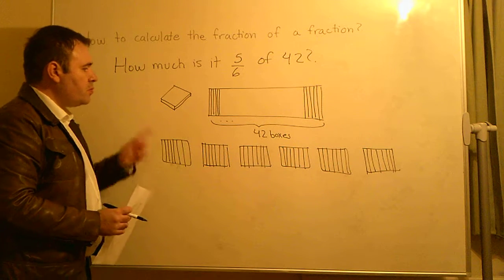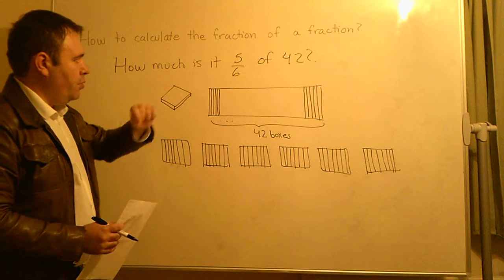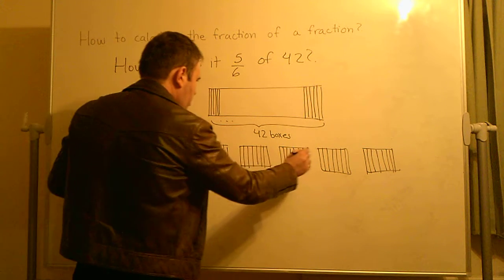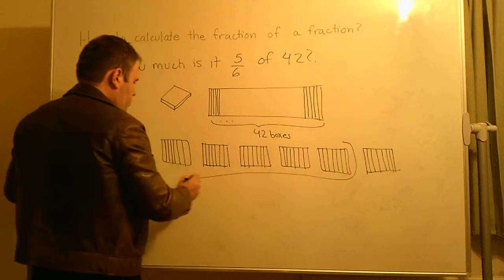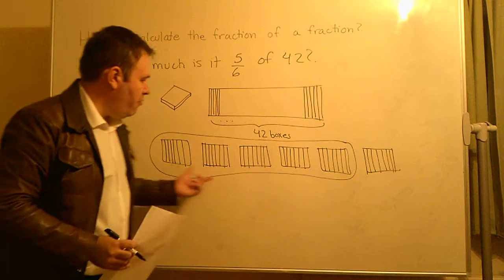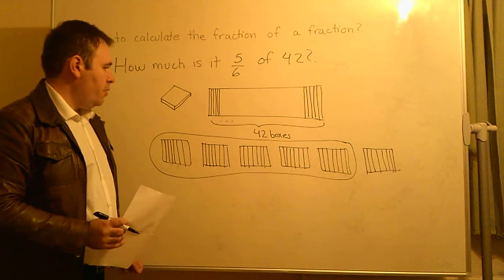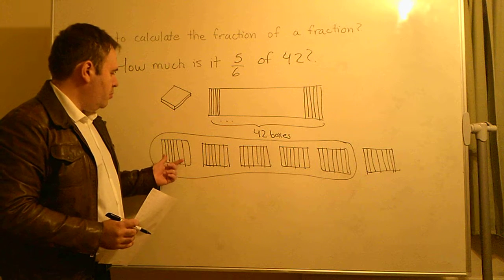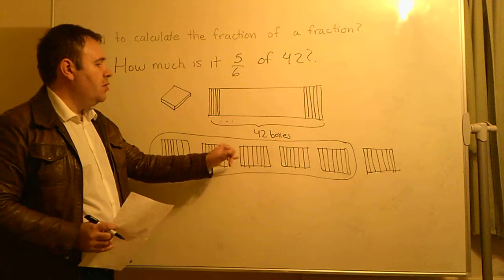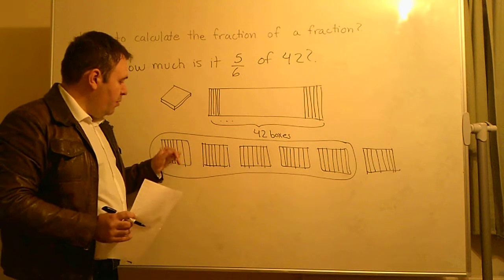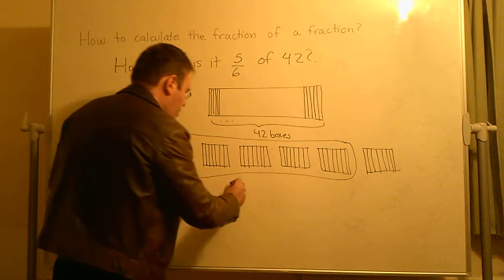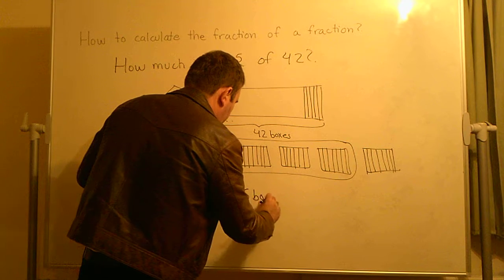And now, how many sets are we going to take? 5. So we take 5. Okay? And then, how many boxes would we have? If we have 7 boxes in each set, and we have 5 sets, we would have 35 boxes.